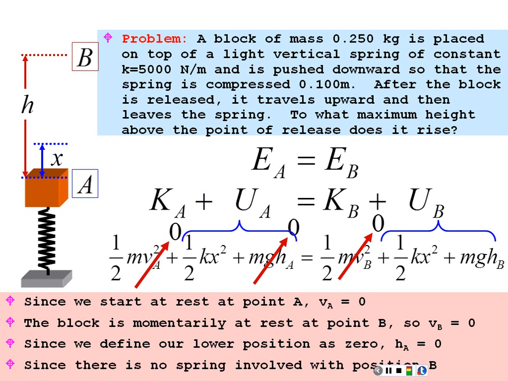So there's no more potential energy in the spring when the block gets to point B. So the x is equal to zero because the spring is sprung. It's right at equilibrium now. And so at point B, our x is zero. Now this equation is a whole lot easier. Four of the terms are gone. And we have that the potential energy in the spring at point A is equal to the potential energy in height at point B.